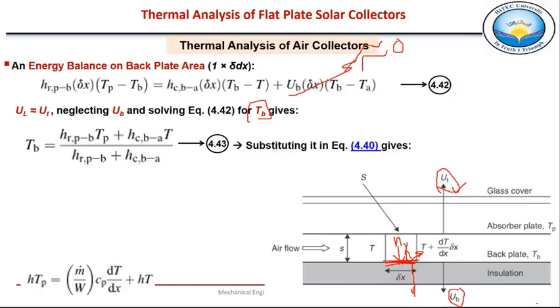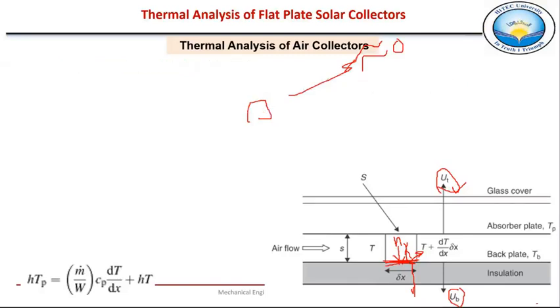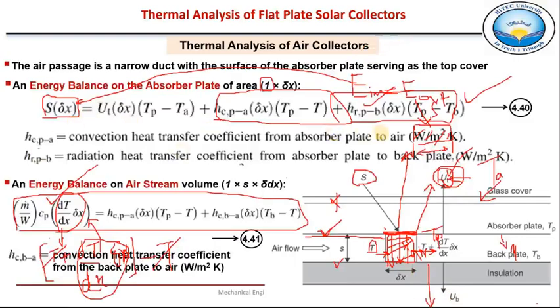What was equation 4.40? The first energy balance which we derived for the top plate, for this absorber plate. So here the same TB is replaced, right? The back plate temperature equation, because normally back plate temperature is not known.